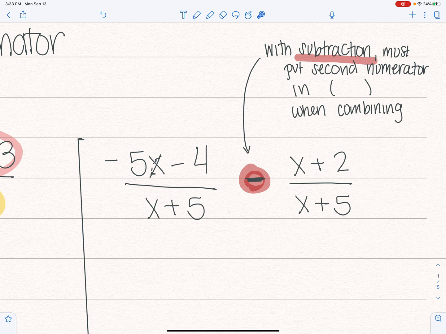And so those parentheses really do matter going forward. We're going to see that in several examples in the notes, in the homework, in this video, in the previous video. With subtraction, you have to put the second numerator in parentheses when you combine those.